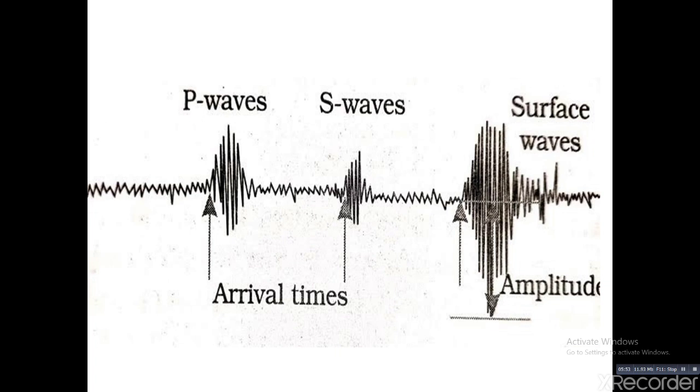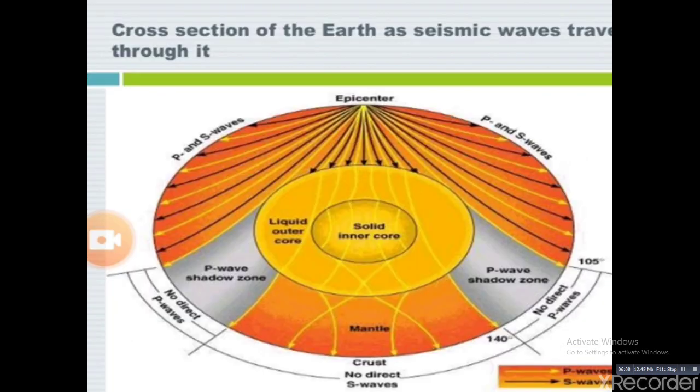This diagram shows the amplitude of all these waves, P waves, S waves, and the surface waves. Next slide. In this diagram, the yellow arrow shows the P waves, while the black arrow shows the S waves.